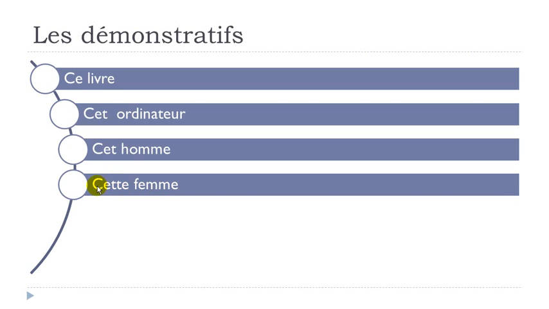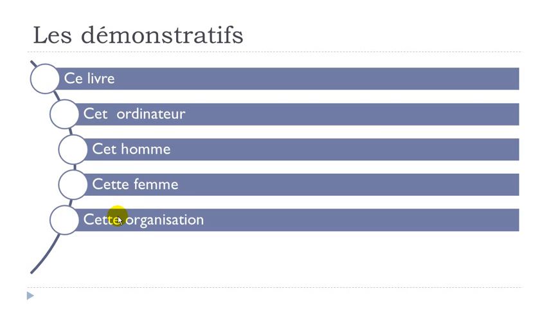No problem about that because we've got only one option for this at the feminine form, and it's cette, written like that. Cette femme. Same thing here, if you've got a word like organisation, well, it's the same in English. So it starts with a vowel, but it doesn't change anything for the feminine démonstratif here. Okay, cette organisation.